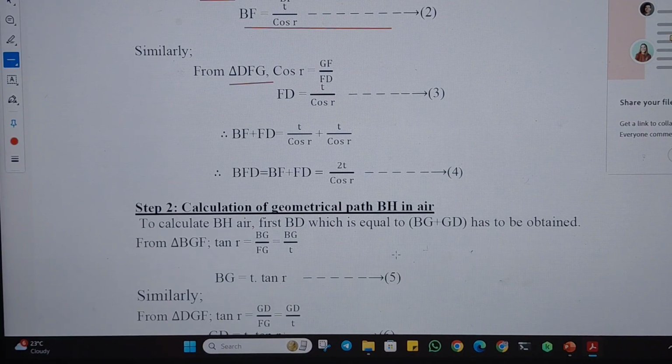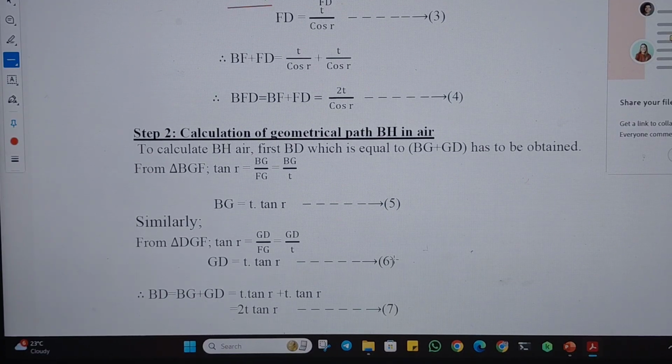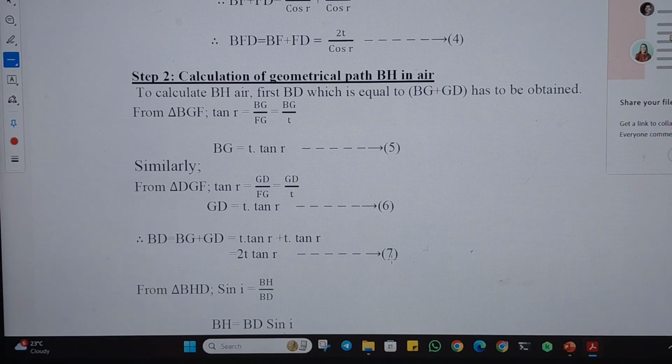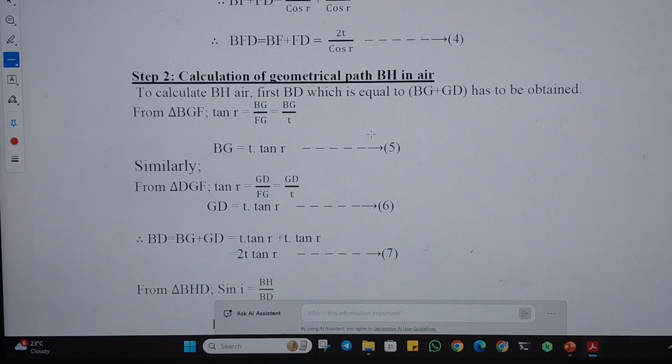Then coming to the second one, that is calculation of the geometrical path, that is BH in air. So it is equal to BG plus GD, as we can see in the diagram.